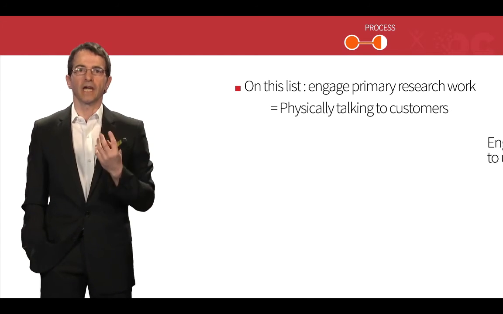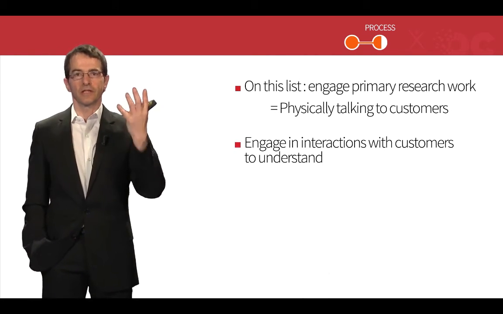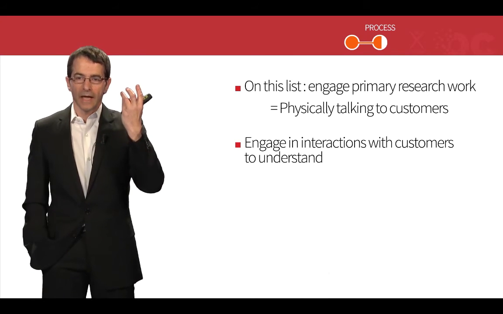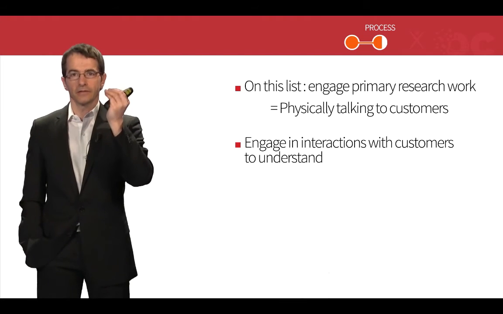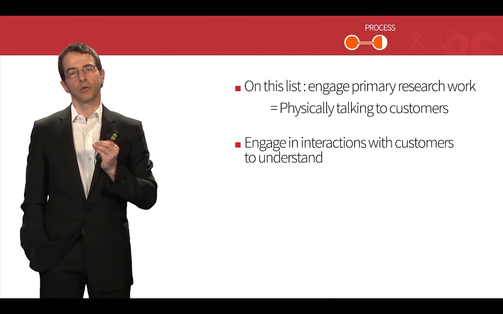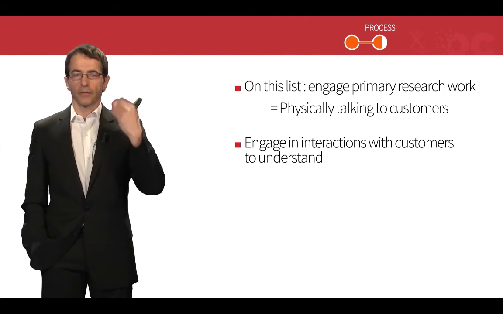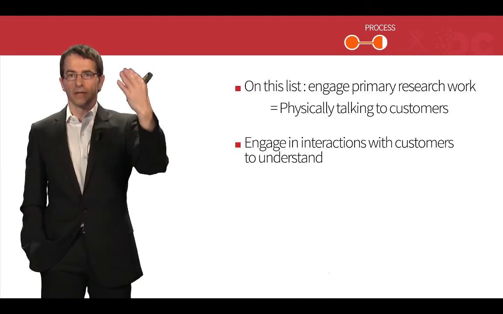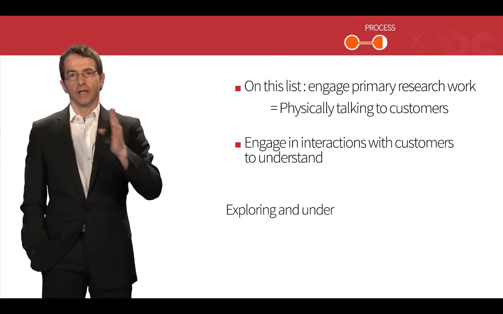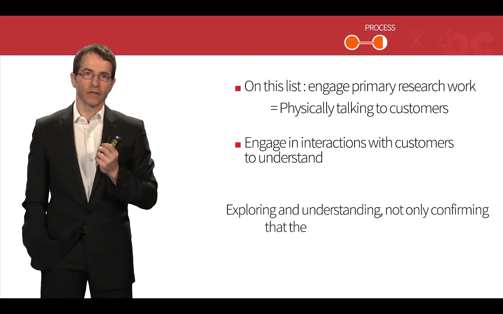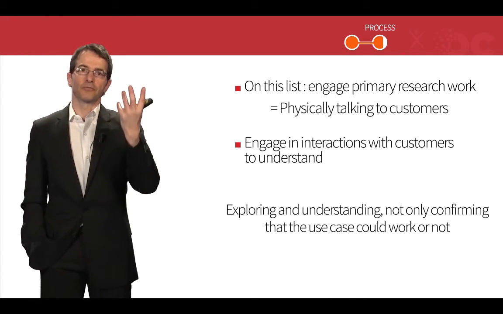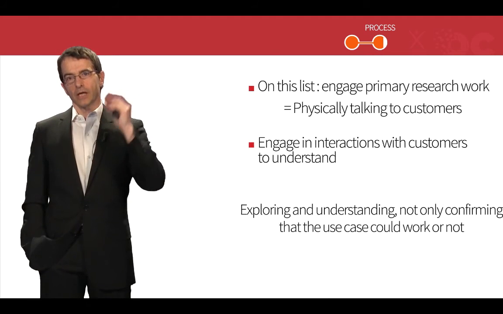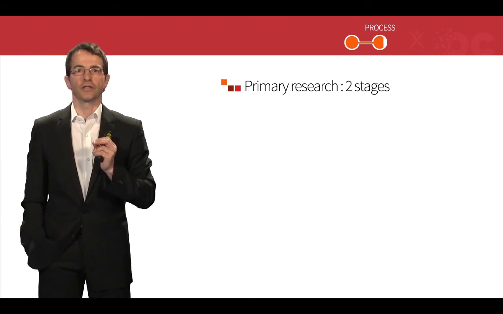So you engage in discussions, in interviews, in interaction with customers to actually understand and confirm whether or not, in that use case, you might actually be working onto something. Remember that throughout that process, at first, it's about exploring, understanding, not only confirming whether the use case could work or not. And the recommendation is that the primary research stage is conducted in 2 stages.